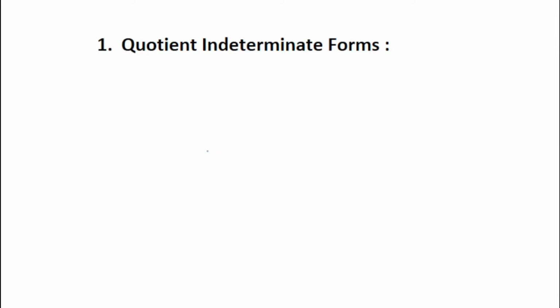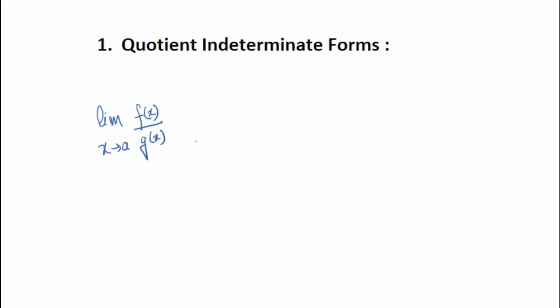In the quotient indeterminate form, let's say for the limit x tends to a, there is a function f(x) and another function g(x).